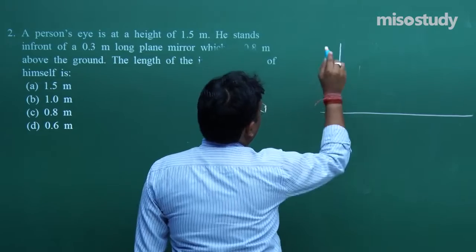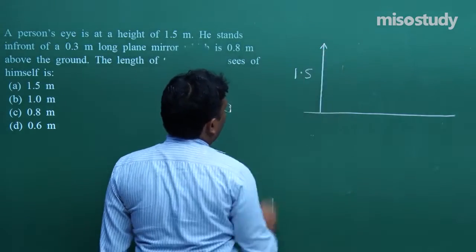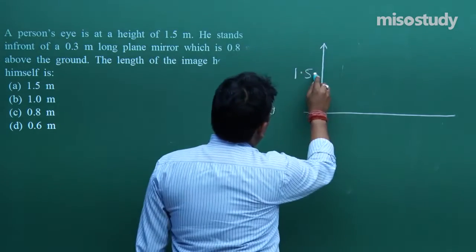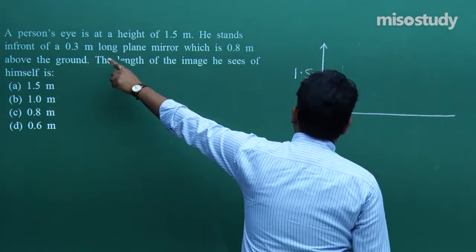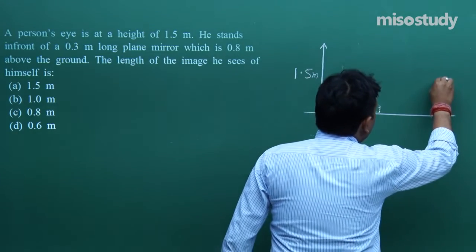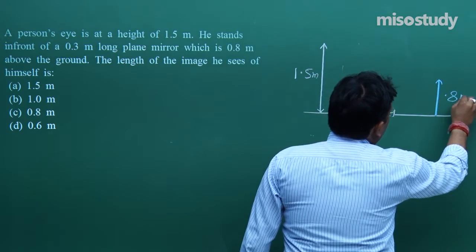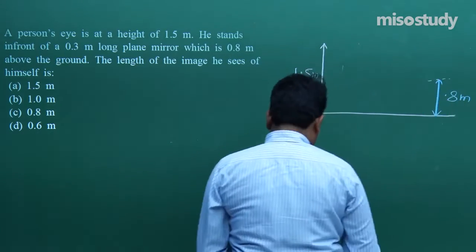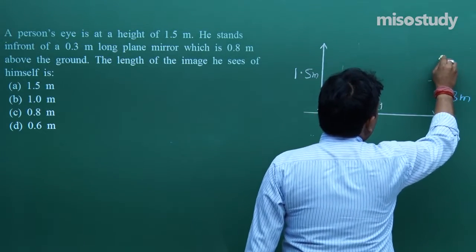This is 1.5. This entire height is 1.5 meter, fine, as it is mentioned, 1.5 m. Then 0.8 meter and then your mirror is there. 0.8 meter, fine, and from here you have a mirror, yellow color.